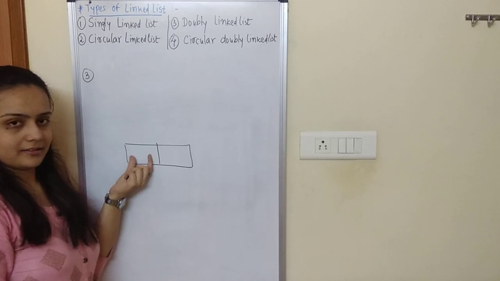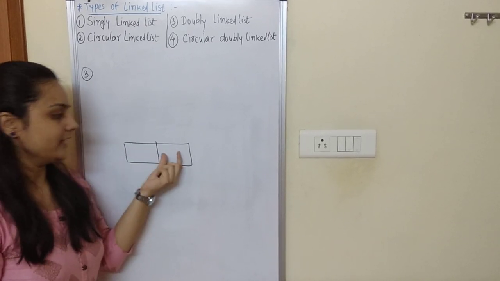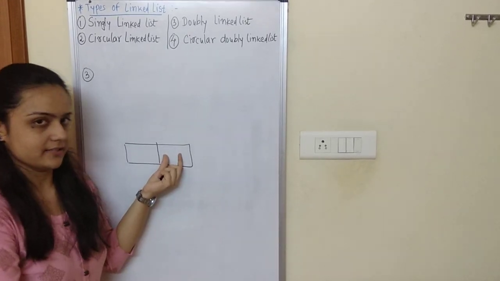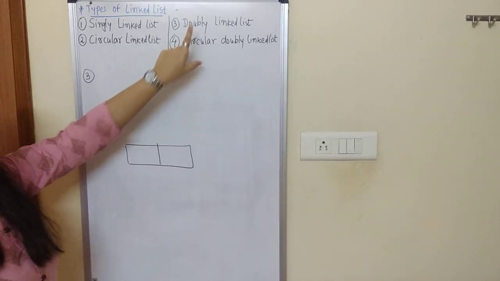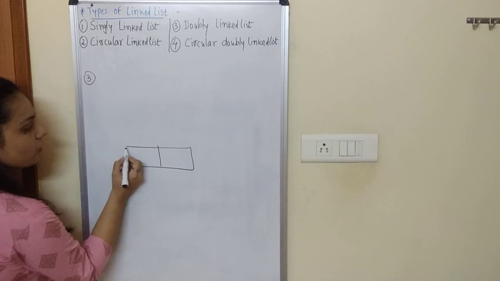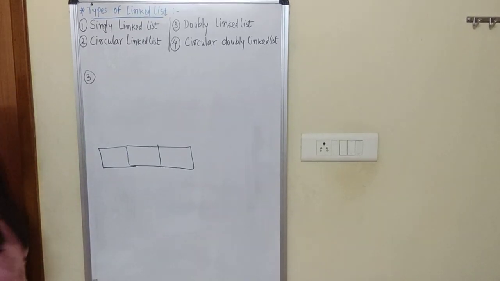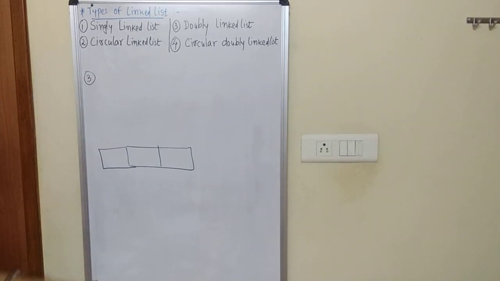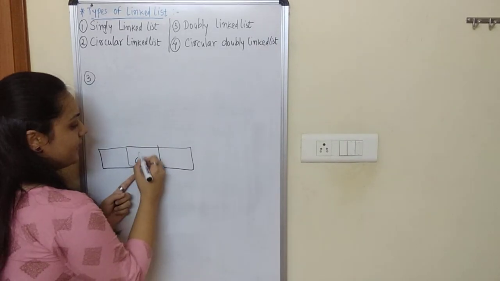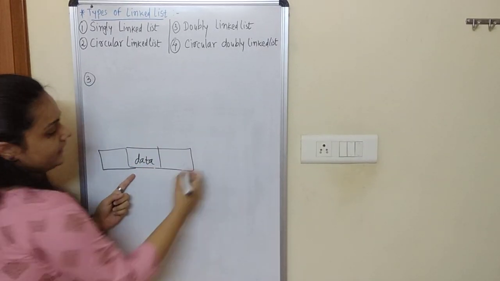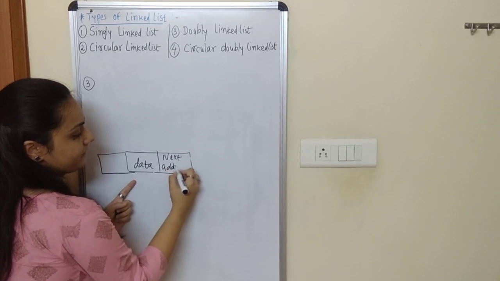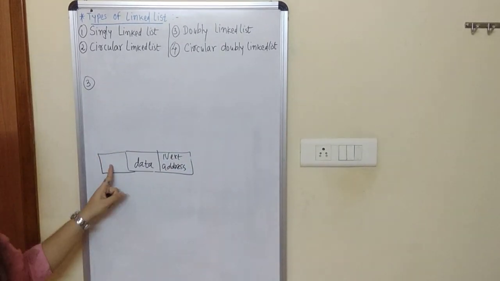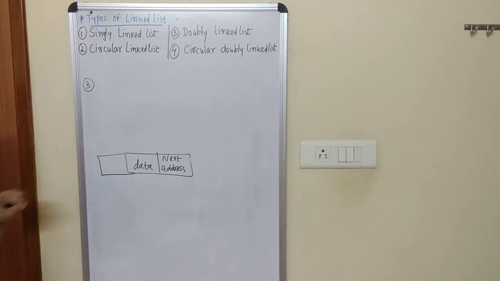The first part contains the data and the second part contains the address of the next data. Now here in the doubly linked list, it is having one more part in the node. It means here my data portion is there. Here it contains the next data's address and here it contains the previous data's address.